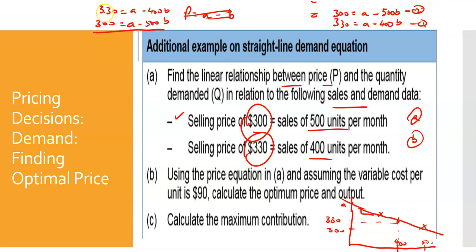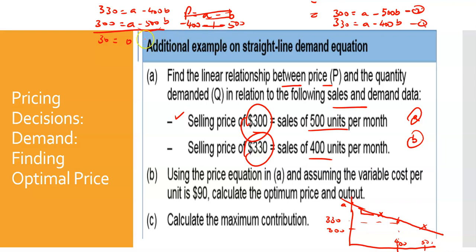So if I do this, 330 minus 300 is 30. A minus A is equal to 0. So minus 400 minus 500, technically, because this is a minus 500 and this is minus 400. Technically, this is minus 400 plus 500, because minus 400 minus 500 turns this into a plus.